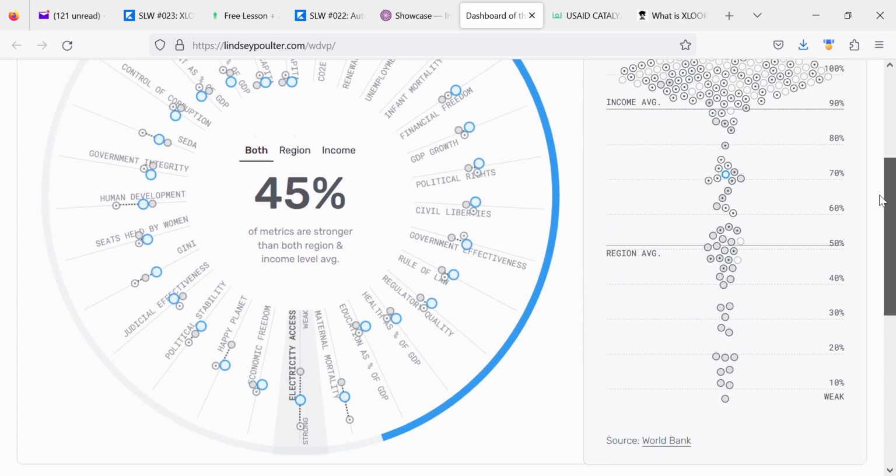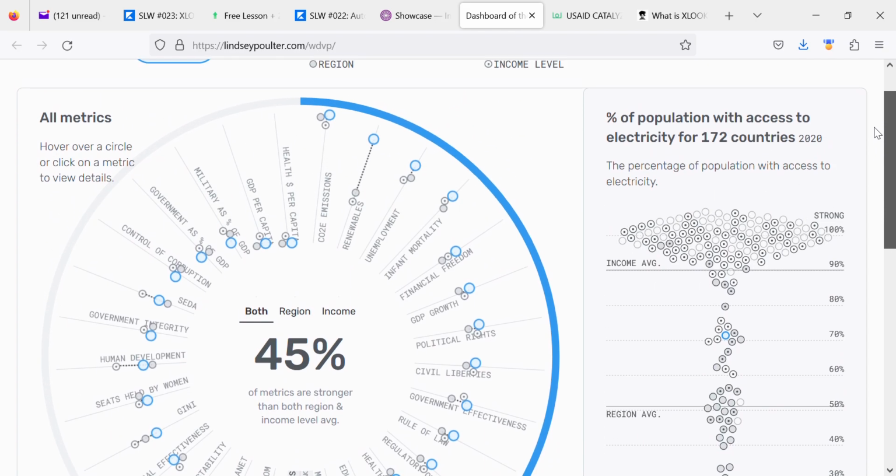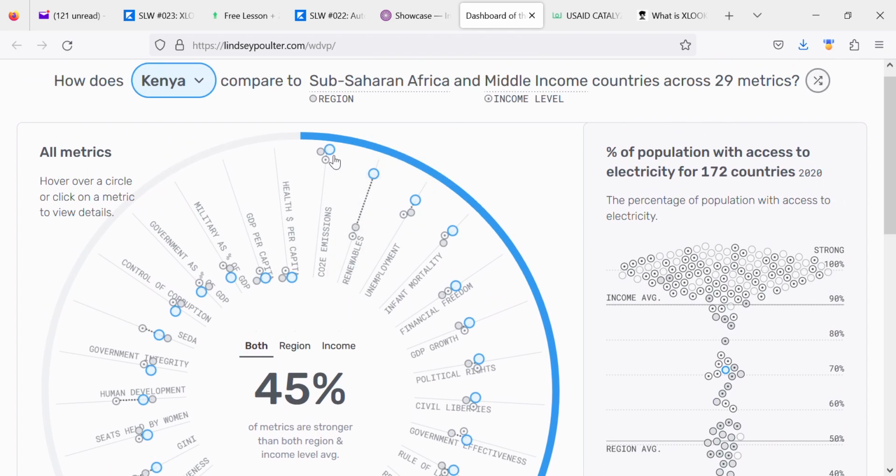So it's rated as 45%. And the strongest areas are carbon dioxide emission, which is 0.4. Renewable is 89%. Then the next is unemployment is 5.7%. Infant mortality is 15.7. Financial freedom is 50. GDP growth is 7.5. Political right 19, and so on.